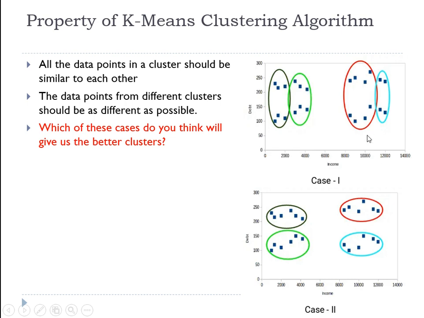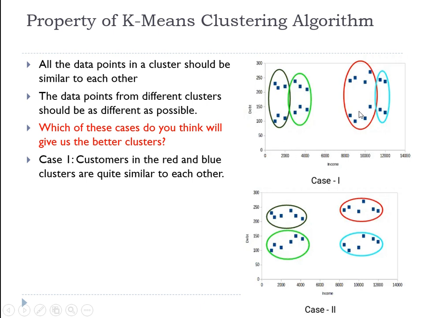Now there are two cases here, case 1 and case 2. Looking at this, can you tell which clustering is better? See, the data points are same. We have not changed the original data points. The data points remain the same, but the way of clustering is different.